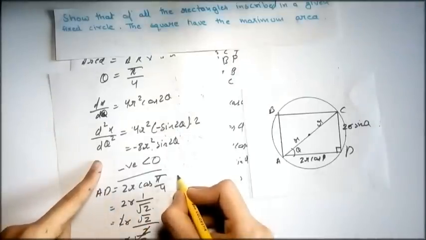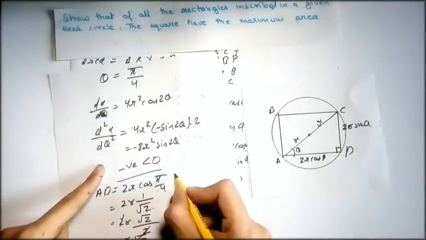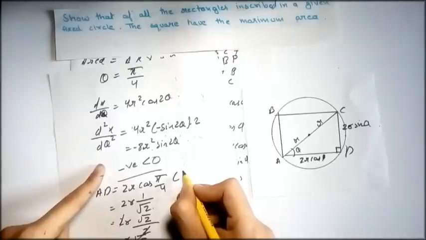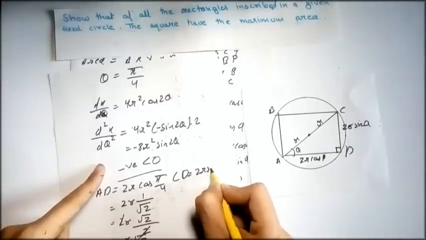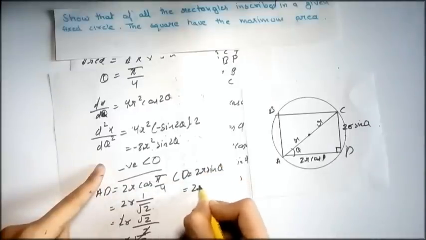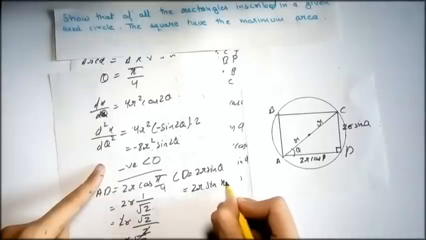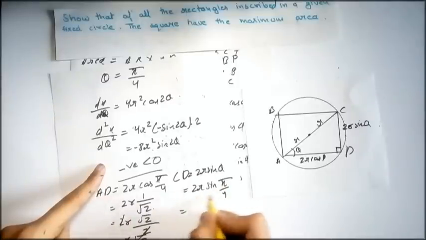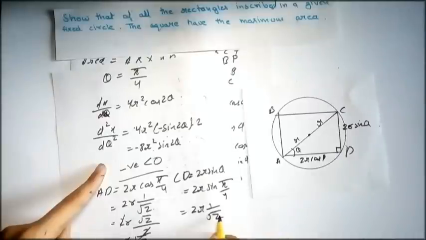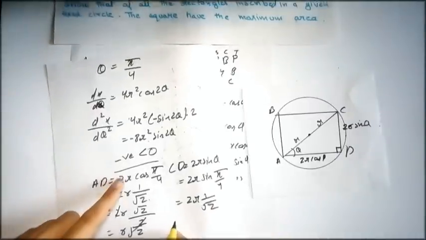This is AD, and now we have to find CD, that is CD is equal to 2r sine theta, with theta equal to pi by 4, and solving this up, that is 2r sine, 1 upon under root 2. This value is same in both sine and cos.